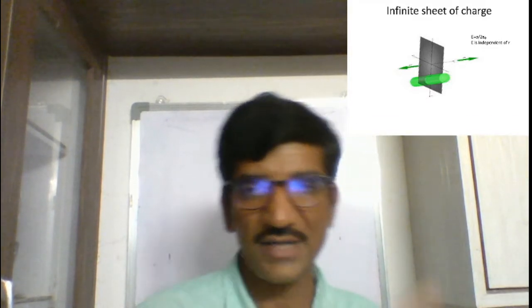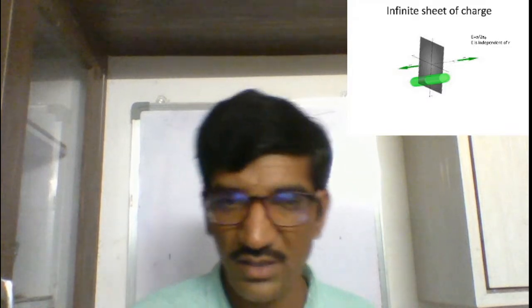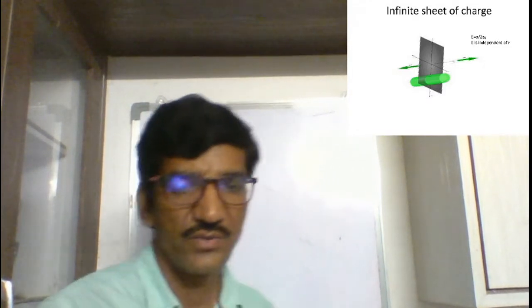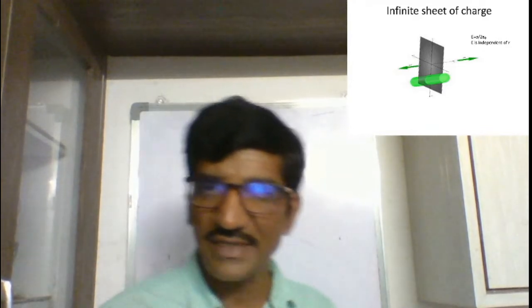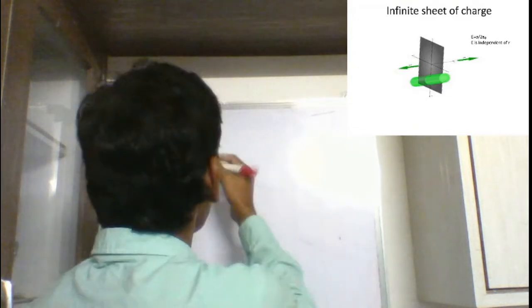Then you may ask, what will be the electric field to the right of that and to the left of that, on the positive x-axis and the negative x-axis. Now the situation is different from that of the uniformly charged sphere. Let us consider this infinite sheet of charge for the application of Gauss law of electrostatics.